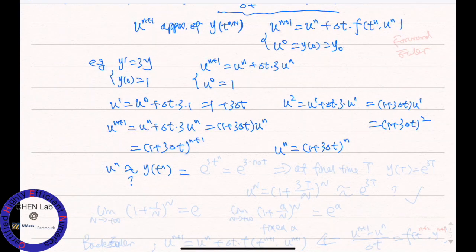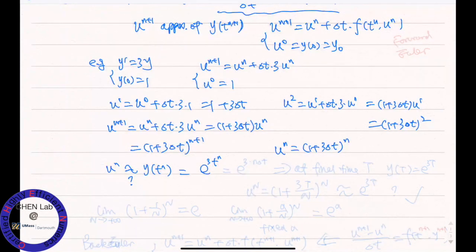I hope you remember, we solved it. We gave 2 examples of the ODE. y prime is 3y. So what's the solution for that? E to the 3t. And here t is tn, so it's e to the 3tn.